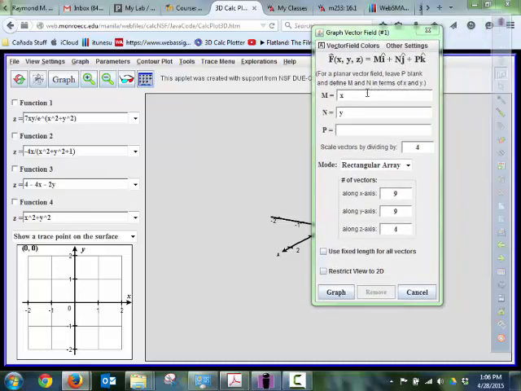Can I change it? I can't change it. Boy, I don't know.